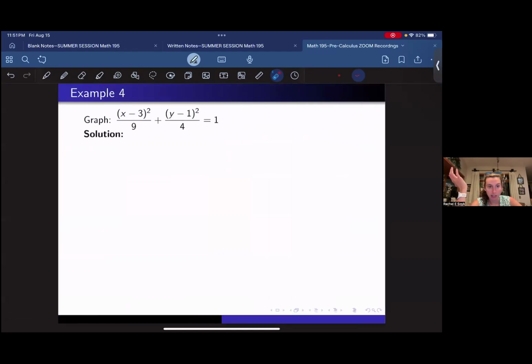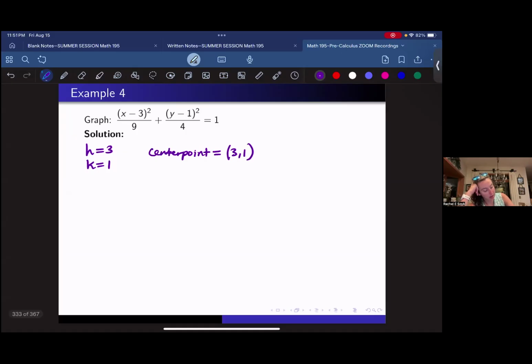So let's look at example 4, where it's really in that format. So there's not a lot of manipulation that needs to take place here. Our h is equal to 3, our k is equal to 1, so this very easily tells us that our center point is equal to 3 comma 1.